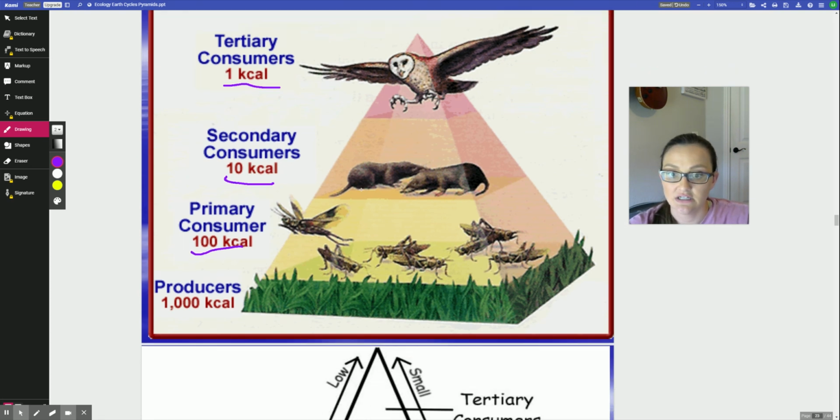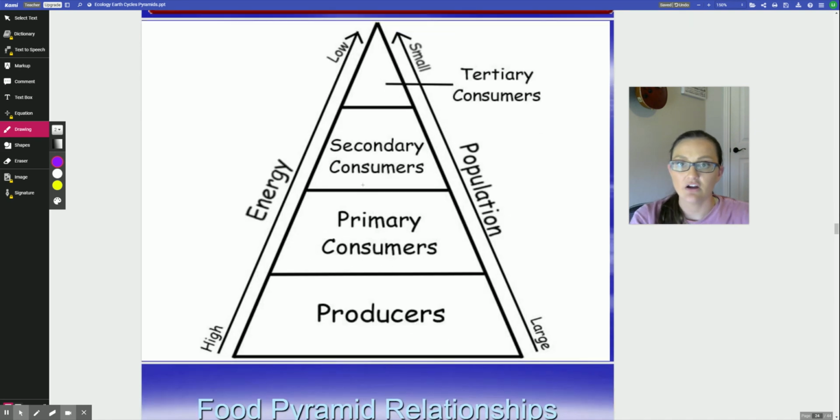So let's keep going. All right, so this pyramid I like because it makes the most sense. So the energy is really high in the producer level, and the population of producers is large, and that all makes sense.